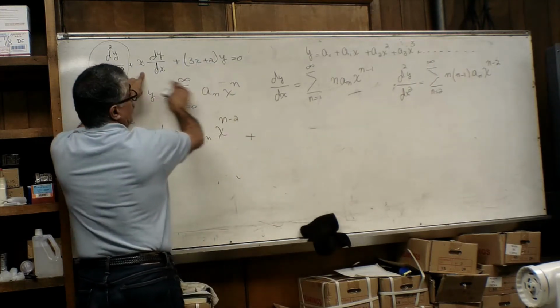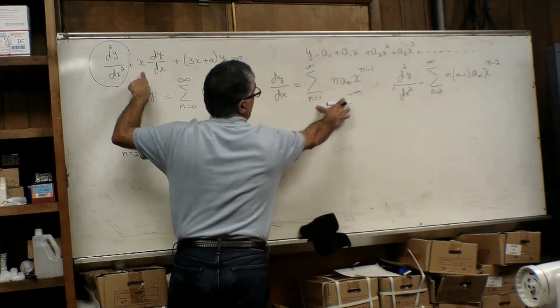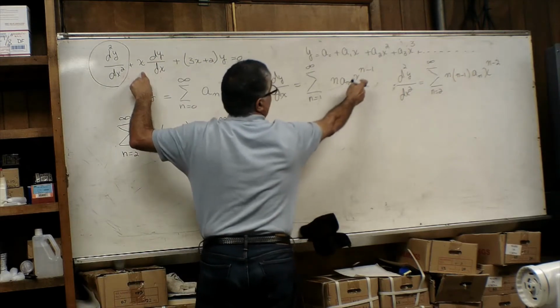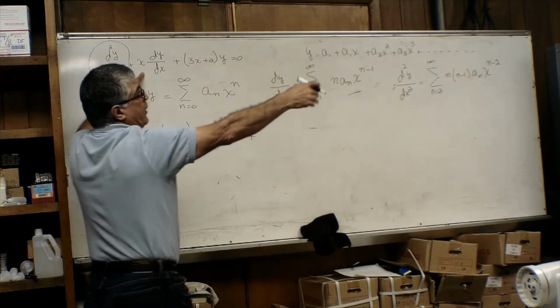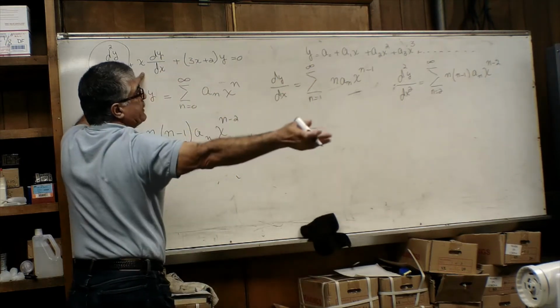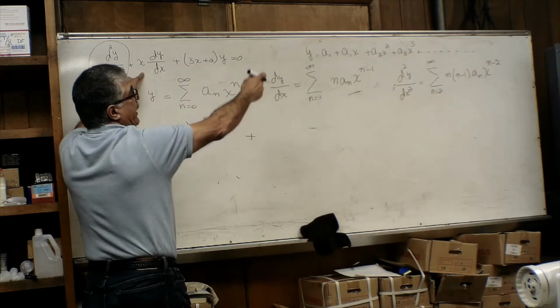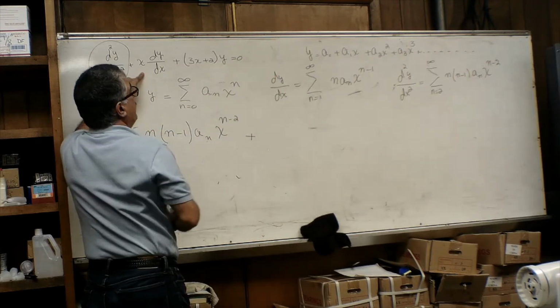If we multiply x by this part, the exponent will be n minus 1 plus 1. Minus 1 plus 1 will be 0, so we are going to have x to the power n.